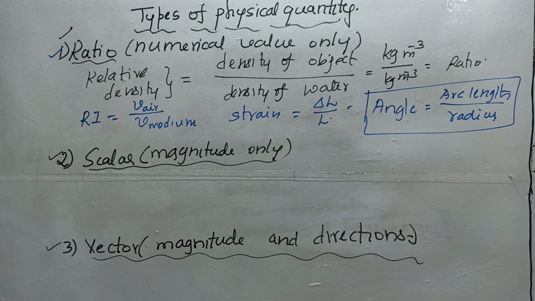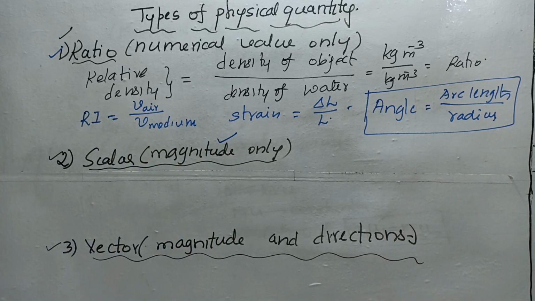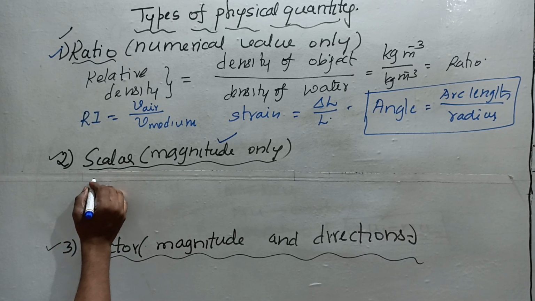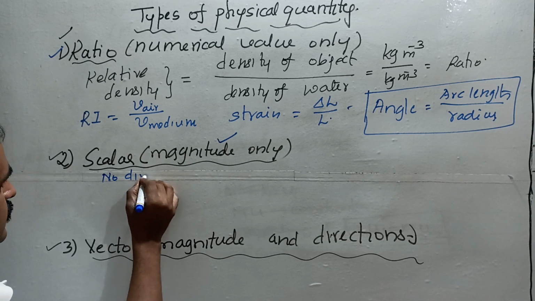Now let us come to the scalar. Scalars have only magnitude. These quantities do not have any direction at all.